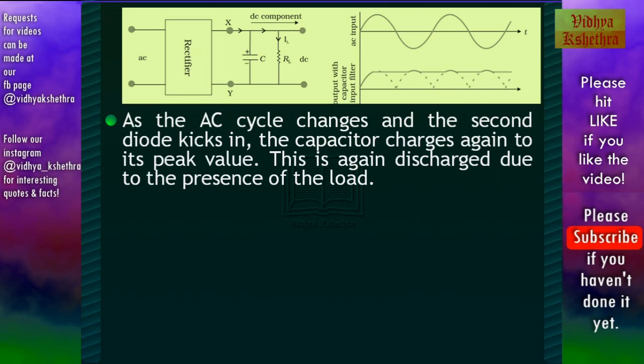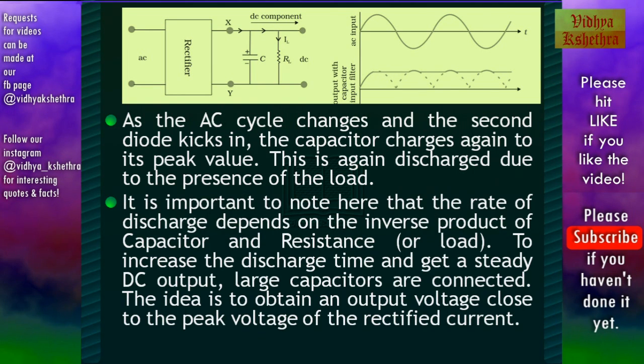Now as the AC cycle changes and the second diode kicks in, the capacitor charges again to its peak value. This is again discharged due to the presence of the load. It is important to note that the rate of discharge depends on the inverse product of capacitor and resistor, and it is called the time constant.